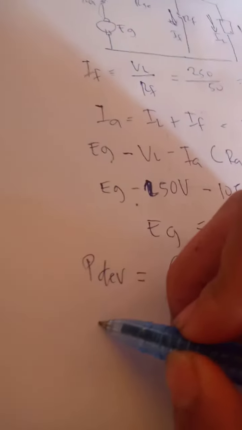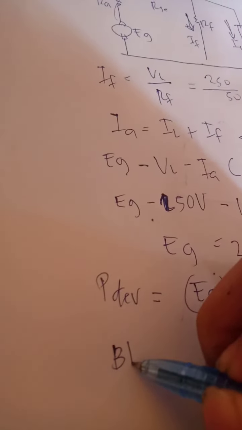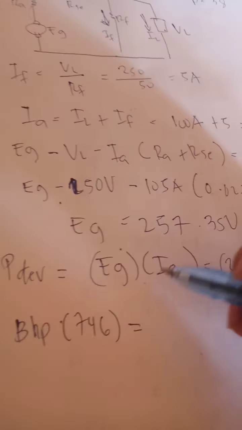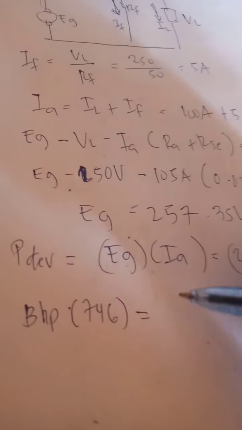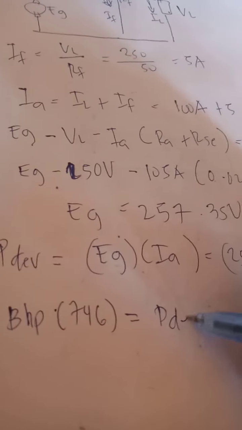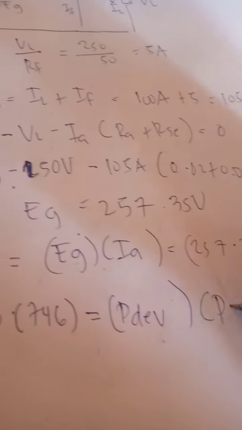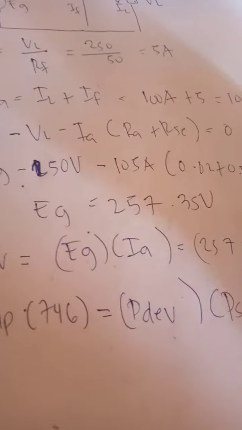Now to get our P stray, we have BHP times 746, converting that to watts, is equal to our PDEV plus P stray.